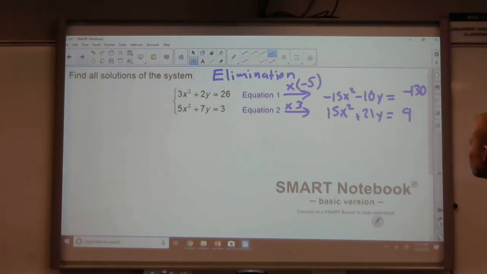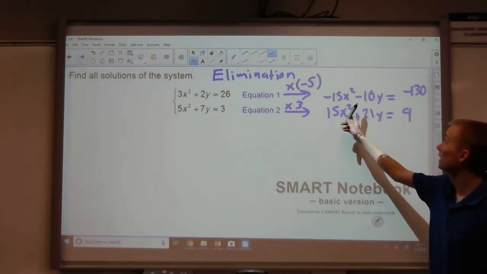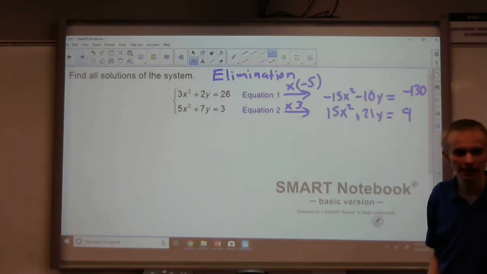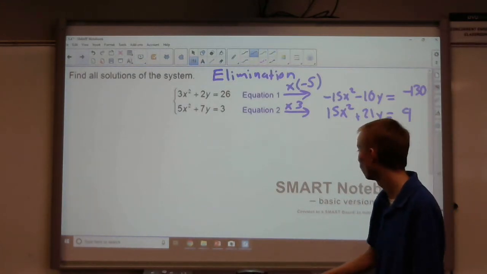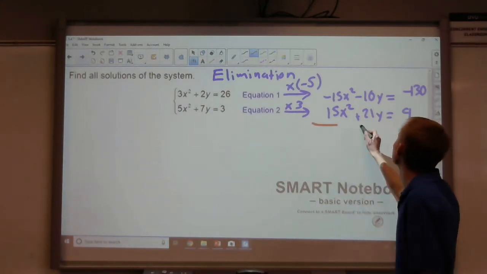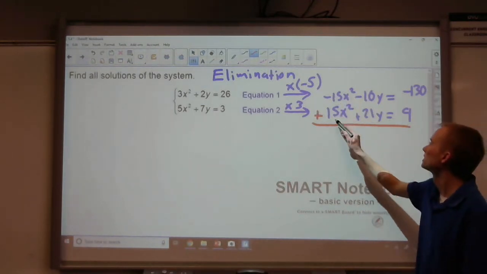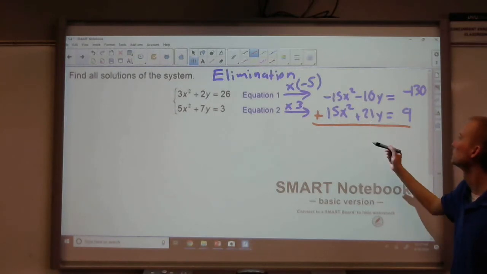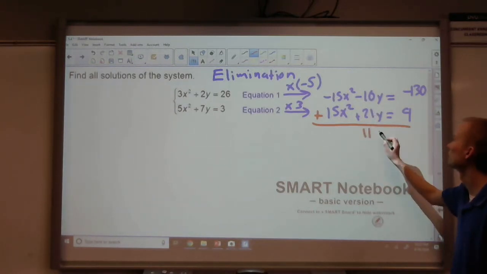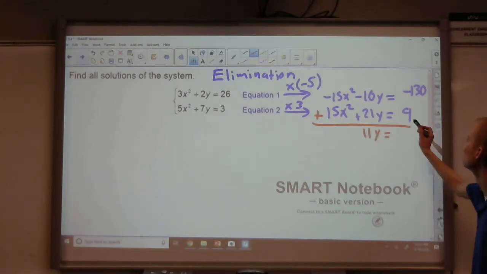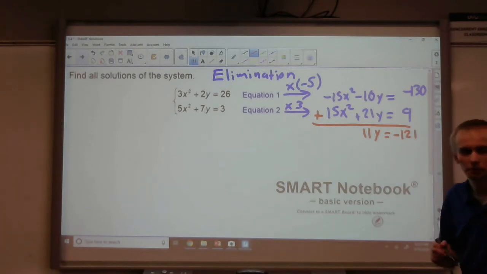So, we've got two equations that we've manipulated so that when I add these two together, the x squareds go away, right? And that's the whole point that we were going for here. So let's go ahead and add these together. Those cancel out, and I get 11y is equal to negative 121, I believe, right?